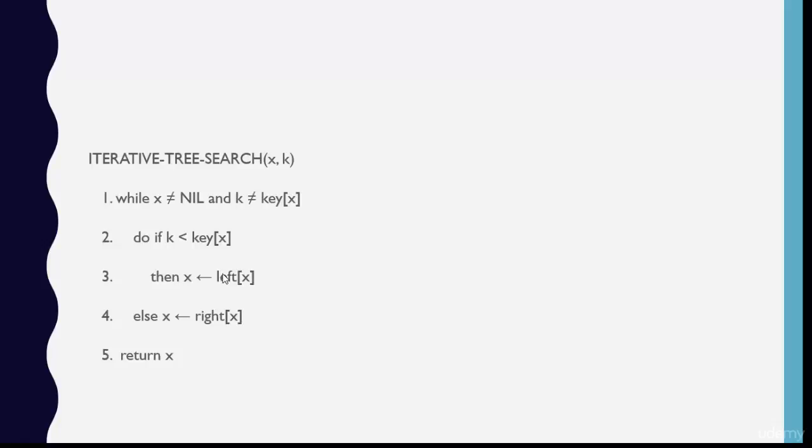So the key is compared, and if k is less than key of x, then x is assigned the value of the topmost node of the left subtree. So the search continues in the left subtree. Or else x is assigned the value of the topmost node of the right subtree and the search continues in the right subtree. And then we return x. And so this is done in a while loop.